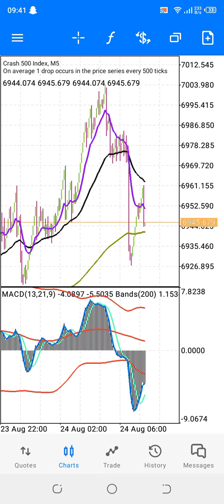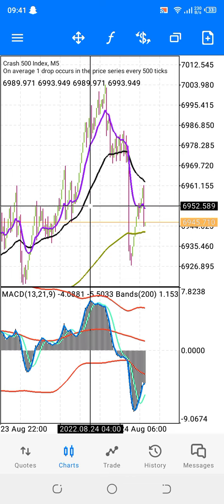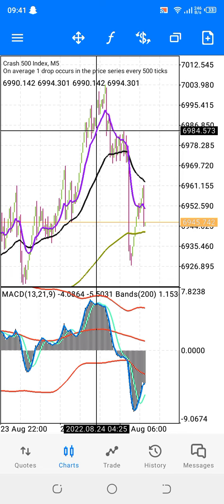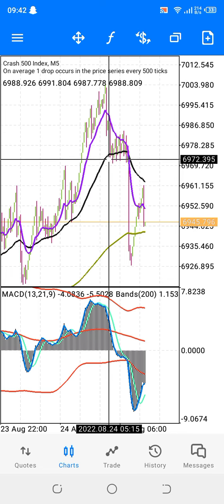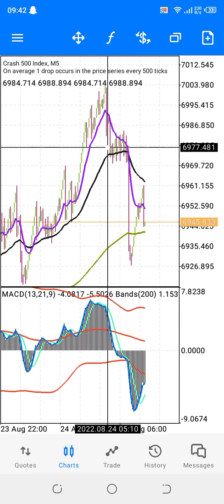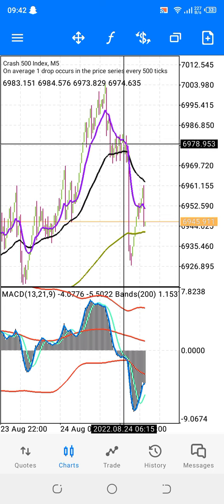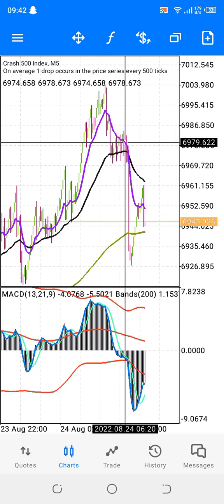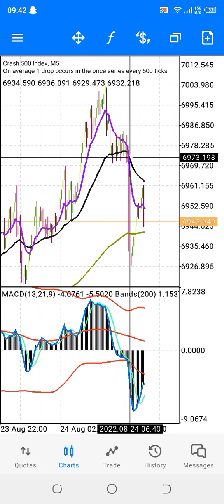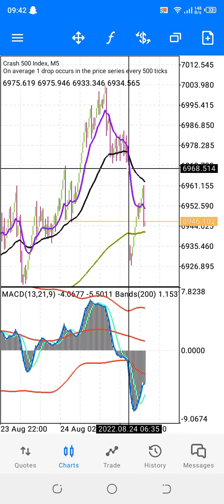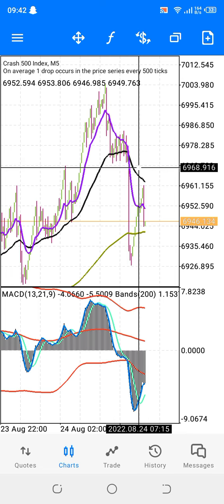And then I also use the 50 moving average and the 13 moving average. Here they are. These ones always help me check if I'm buying against the trend or not, whether I should be buying or selling. So when these two moving averages, the 50 and the 13 EMA, cross each other facing a direction, like this is a crash, right?